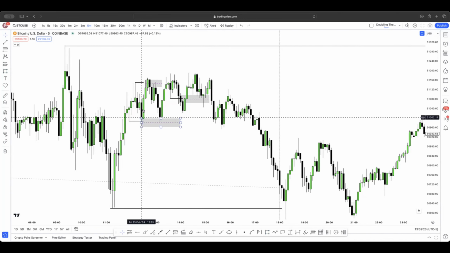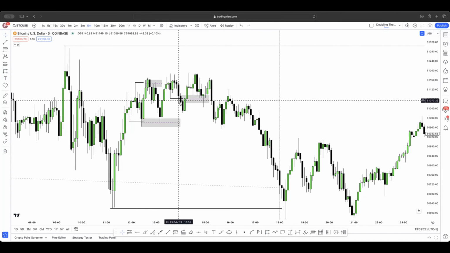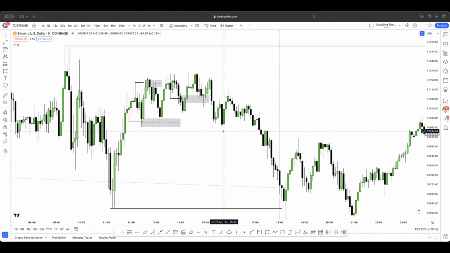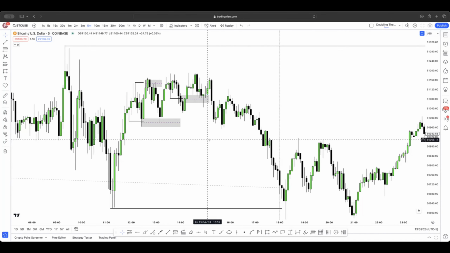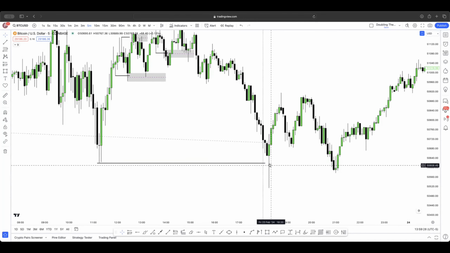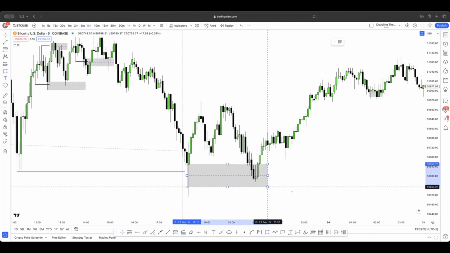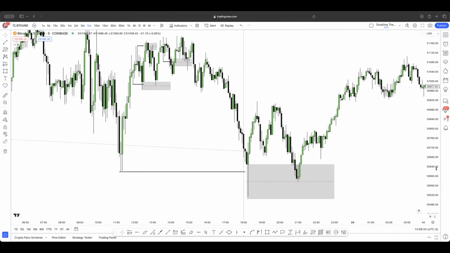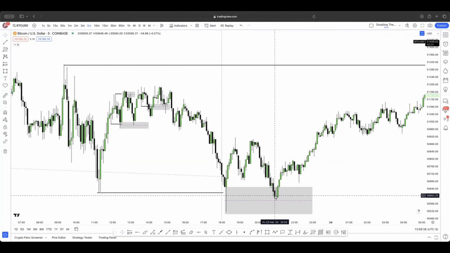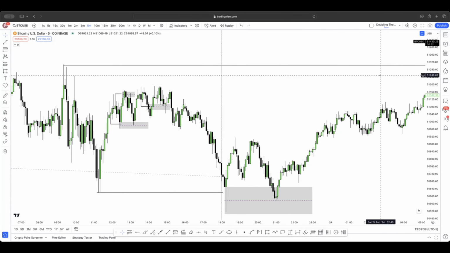So we have change of state up, change of state down, change of state up, change of state down. That makes it a high liquidity dealing range. So when price takes out its low, there, when it comes back into this rejection block, that is your opportunity to go long. Boom. Okay, that is literally your opportunity to go long. It is as simple as that.